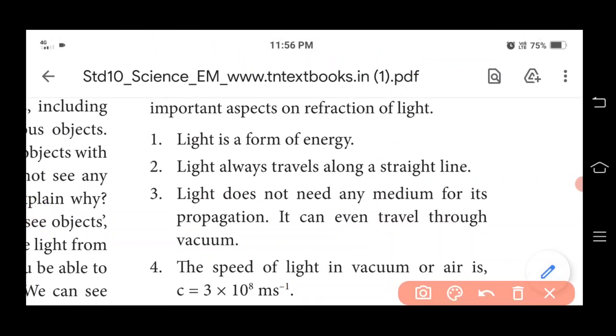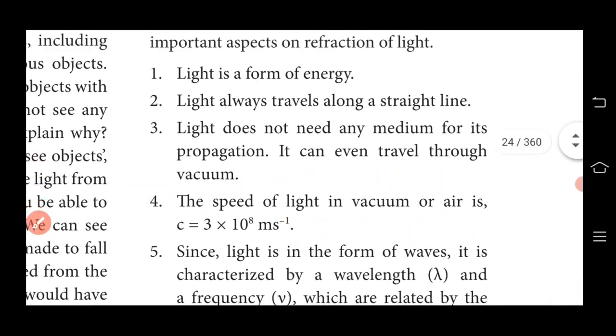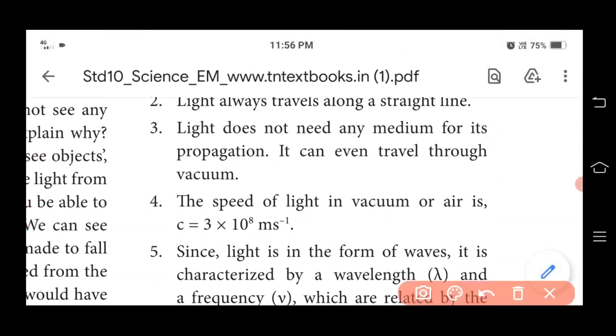So even it can travel through vacuum. And then fourth point, the speed of light in vacuum or air is c equal to 3 into 10 to the power of 8 meter per second.